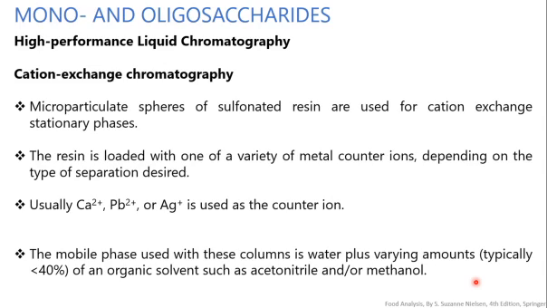Generally, the mobile phase used with these columns is water plus a varying amount of organic solvent, around 40%, such as acetonitrile and/or methanol.